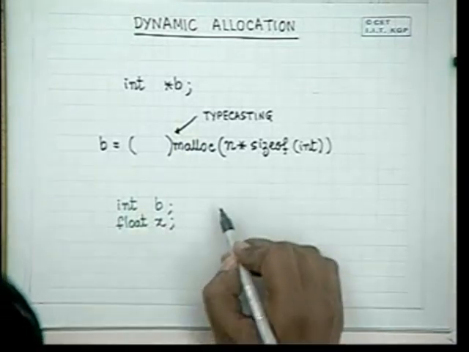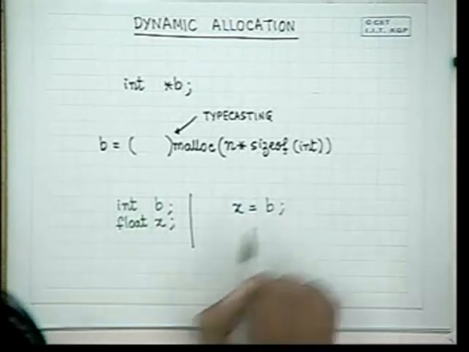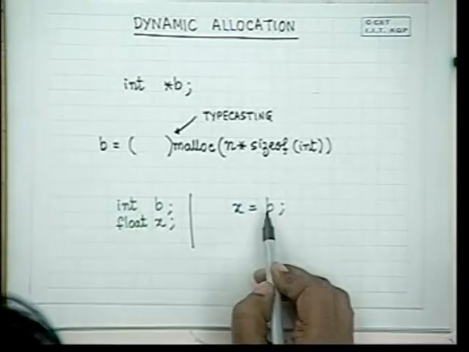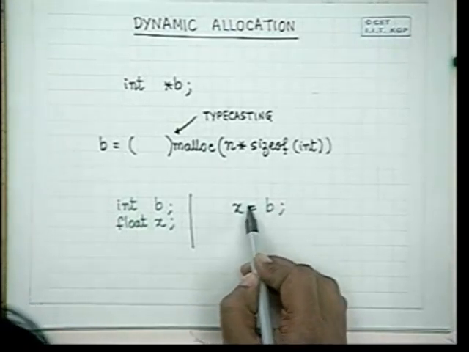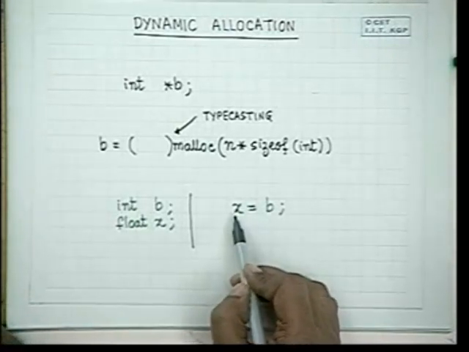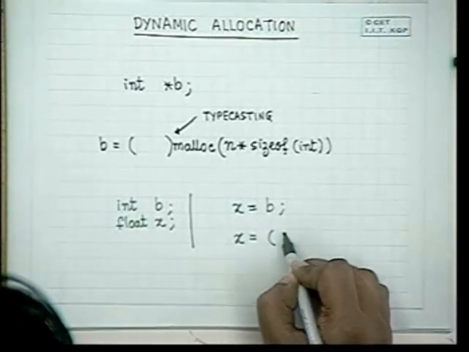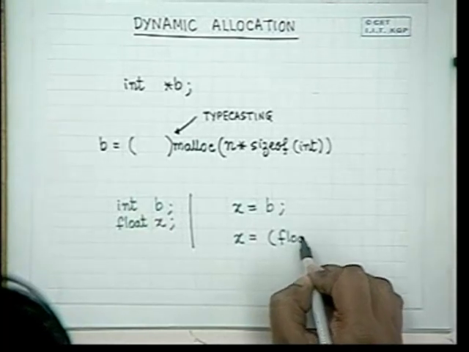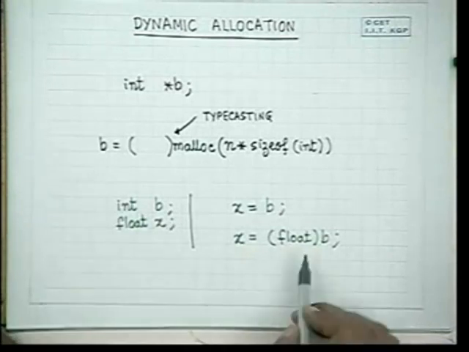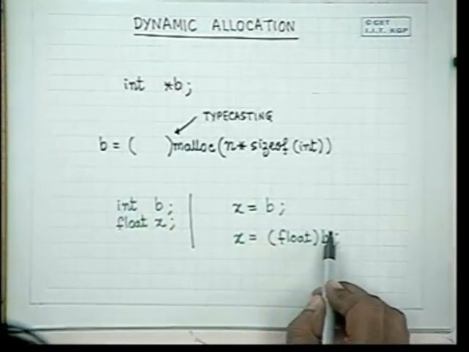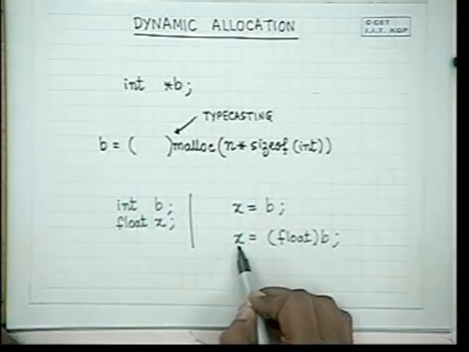Now suppose I want to do x is equal to b. Normally when x is assigned b, the system does an automatic type change. But if you want to explicitly do this type change, you have to write x is equal to, with the type in brackets; this converts the expression to this type, and then it is assigned.